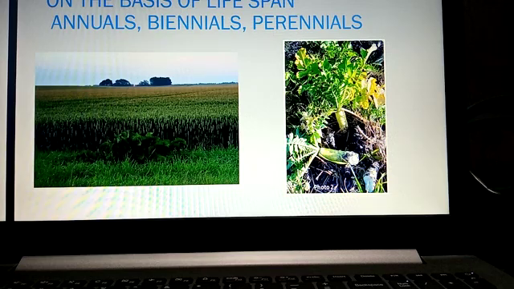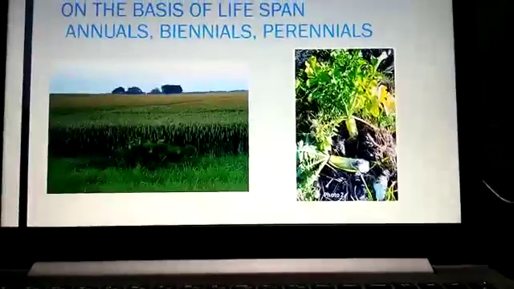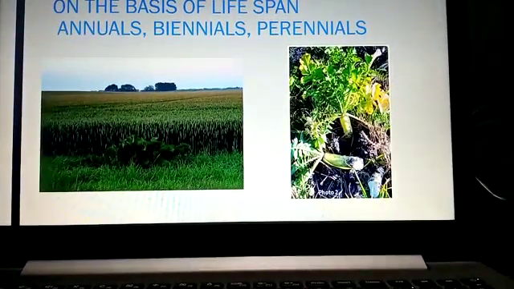On the basis of lifespan, we know the meaning of lifespan, that is how many years they live. So on the basis of their lifespan, the plants are divided as annuals, biennials and perennials. Annuals are the plants which survive only for one season, and many seasonal flowering plants, vegetables, even crops.